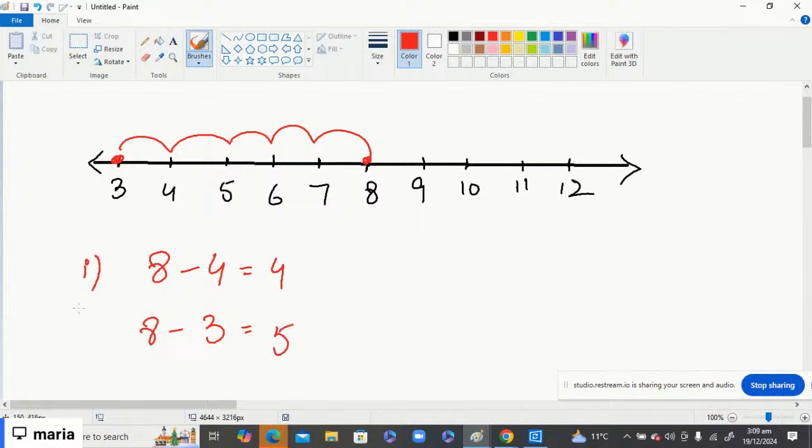Option 1 or option 2? Hurry up, tell me everyone. Yes, everyone, tell me in the chat which one is right. 8 minus 4 or 8 minus 3?